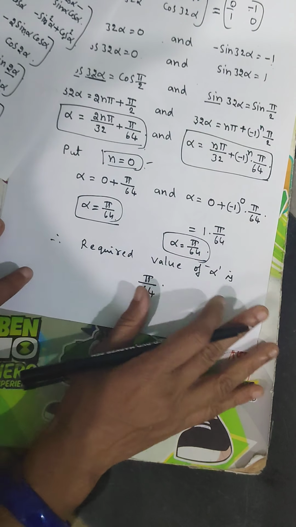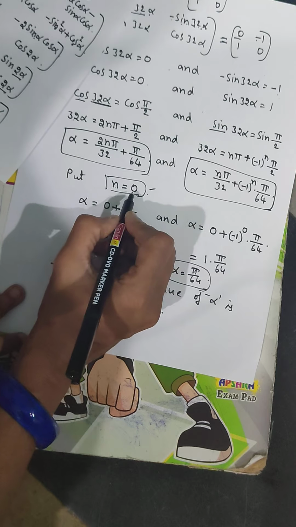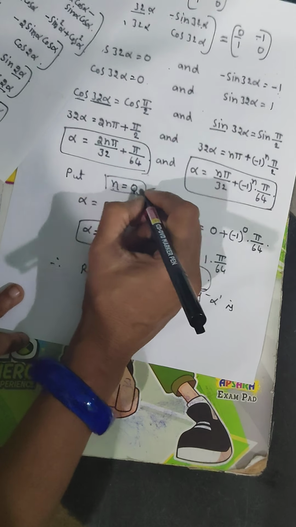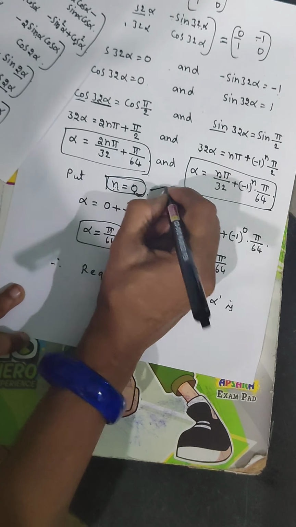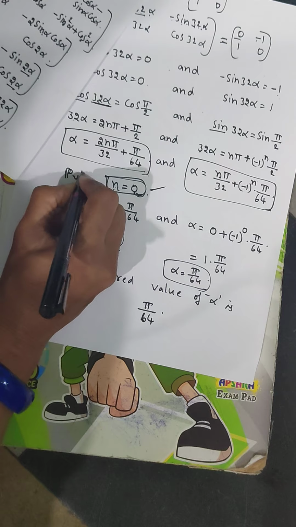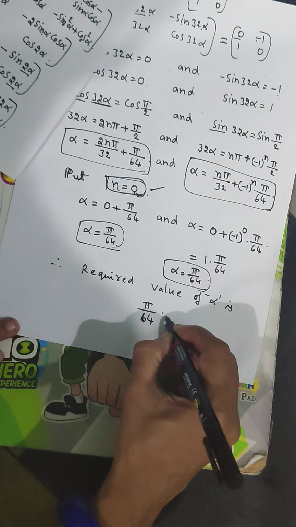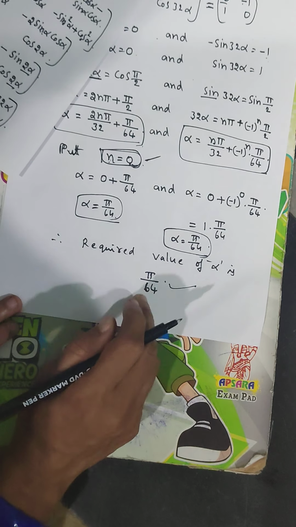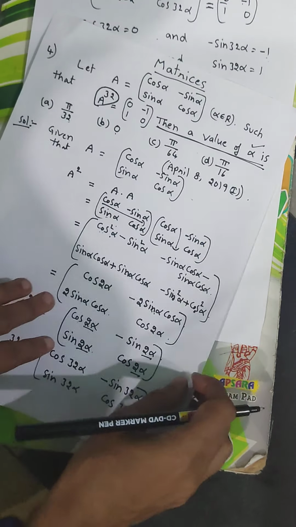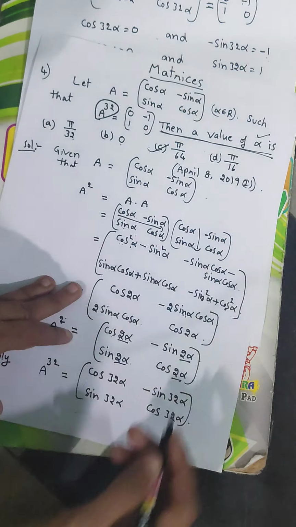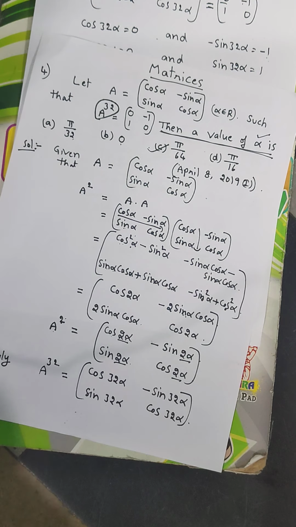We could also take n equal to 1, minus 1, 2, minus 2 and check all of these values, but firstly we put n equal to 0 and we got the answer alpha equal to pi by 64. So option C is correct. Okay. Thank you.